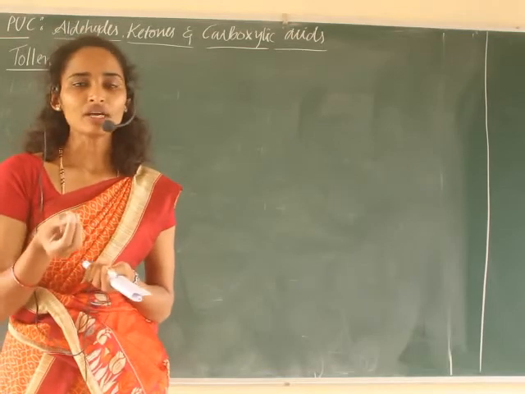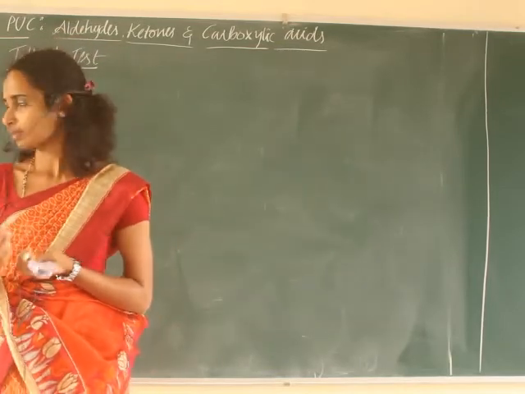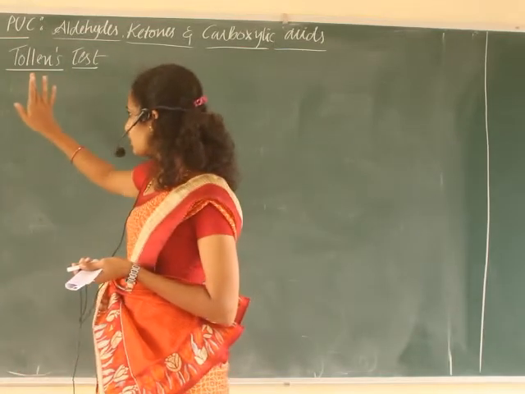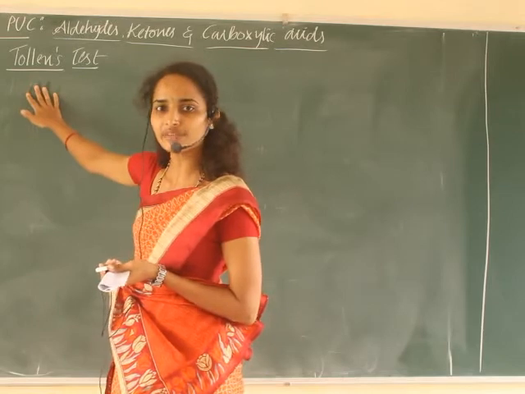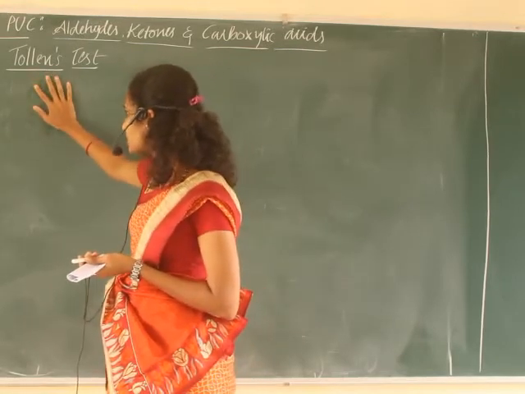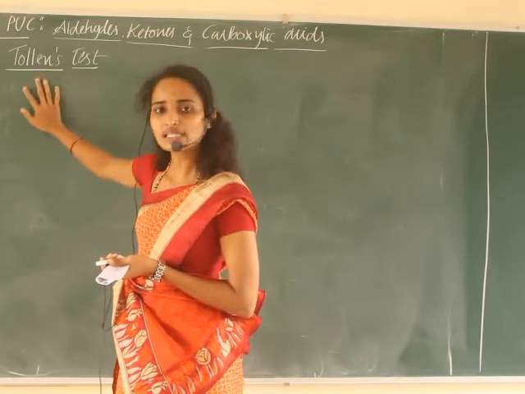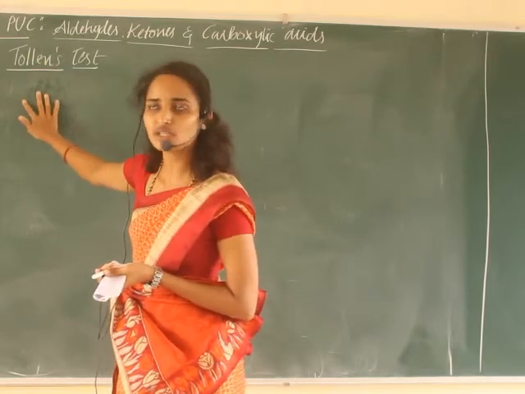To identify the functional group present in a compound, we have several tests. In that, Tollens' test is one of the important tests to identify the aldehyde group. The Tollens' reagent test, or Tollens' reaction, is also an example of an oxidation reaction.